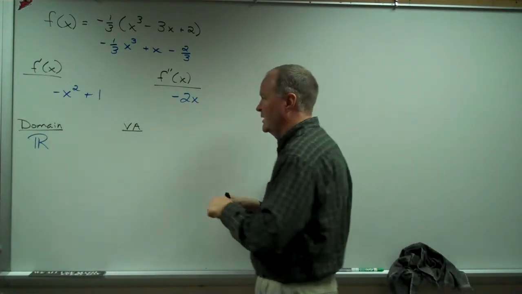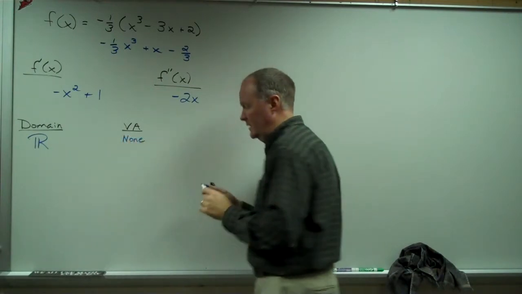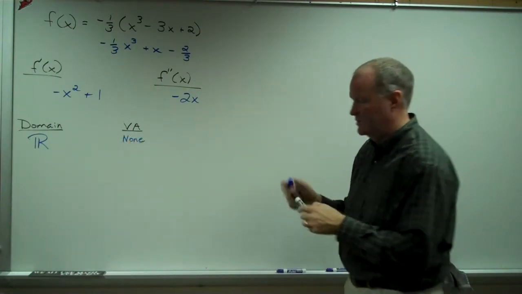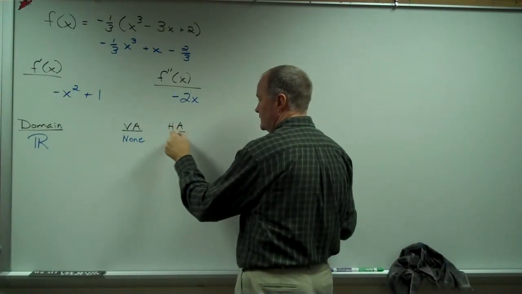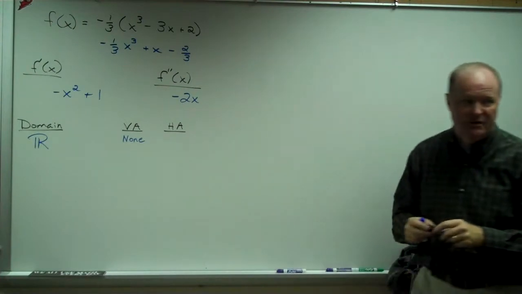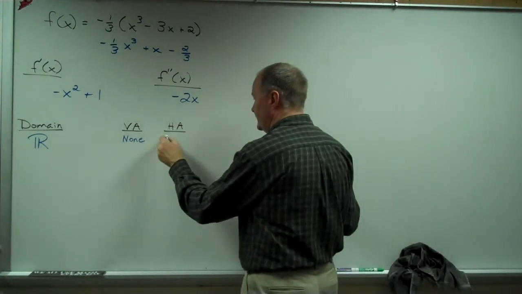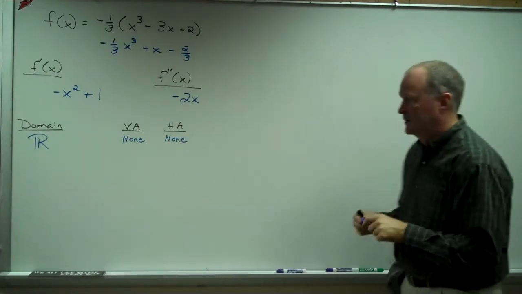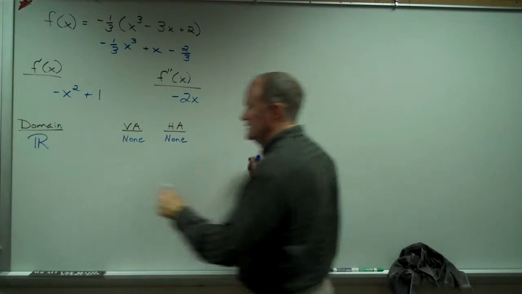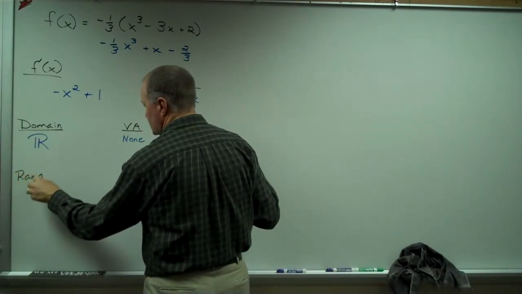So we have none. How about horizontal asymptotes? There's no fraction. We've got none. Range: do that last.